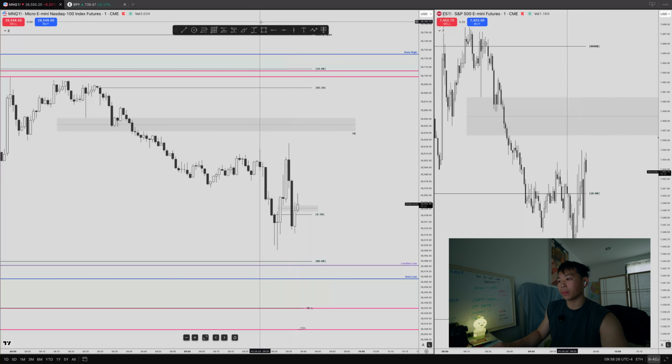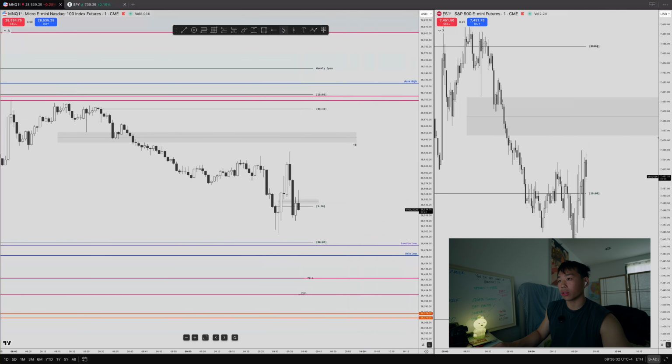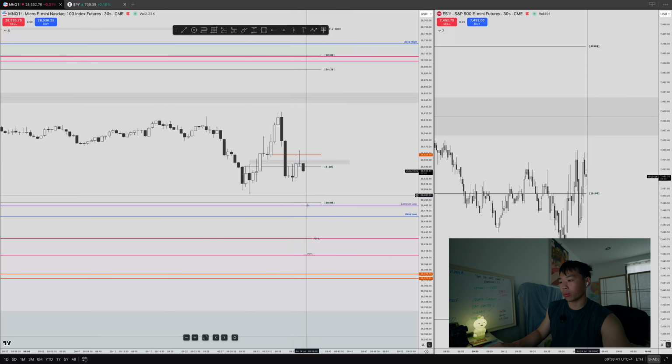But yeah, oof. Actually, I think this might just go. We have a nice change in the state here. We retested that, and it does look like the price just wants to go down here.